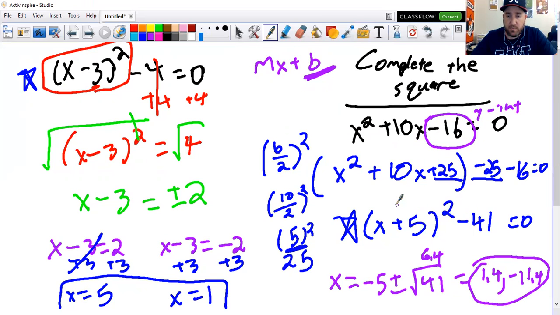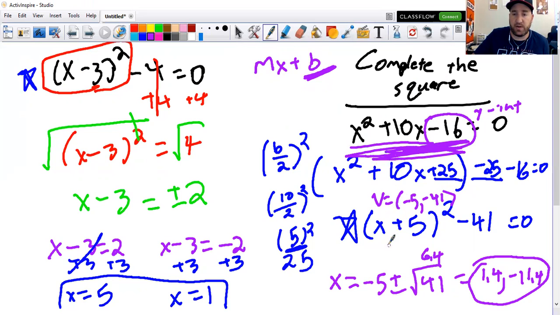My vertex form gives me the vertex. Again, opposite sign of this, so negative 5, same sign as this, negative 41. So again, I wouldn't use completing the square to solve, but what you can do is use it to turn my standard form equation into vertex form to identify the vertex and the y-intercept.